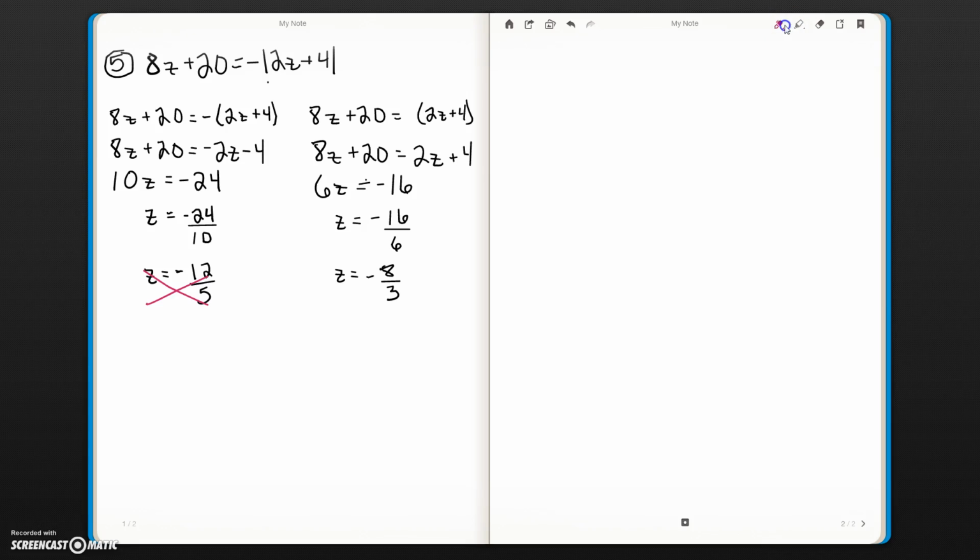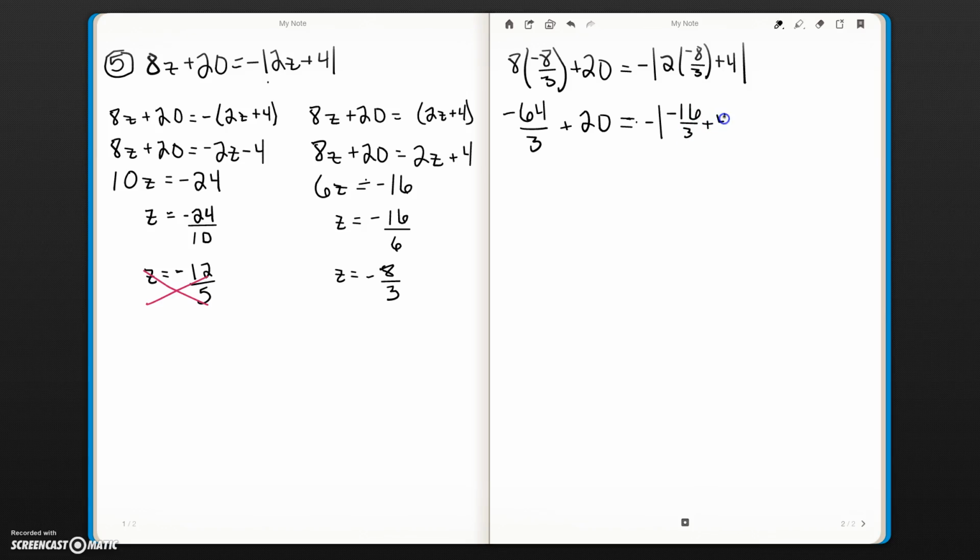Okay, so let's check the other one real quick. So we've got 8z, 8 times negative 8/3 plus 20 equals negative absolute value of 2 times negative 8/3 plus 4. So again, this is negative 64 over 3 plus 20 equals negative absolute value of negative 16 over 3 plus 4.